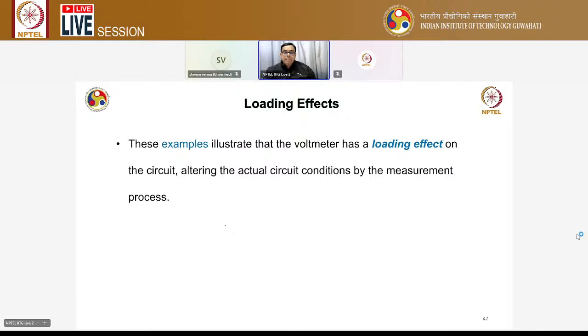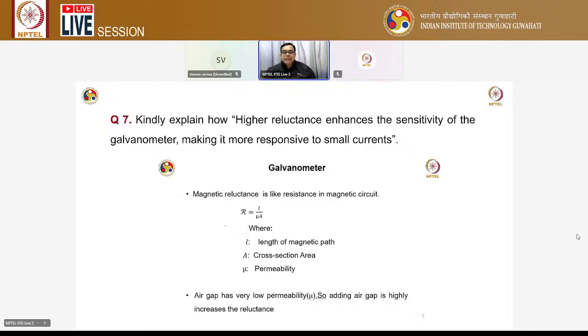These examples illustrate that the voltmeter has a loading effect on the circuit, altering the actual circuit conditions by the measurement process. So you should choose your instrument in such a way that it doesn't load the already existing circuit to which you are attaching it.